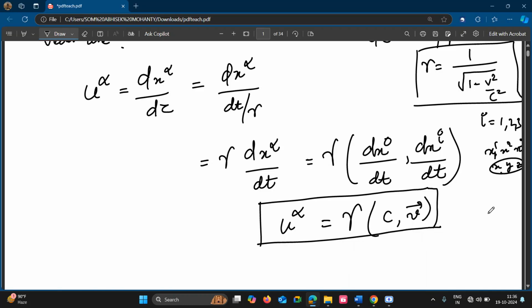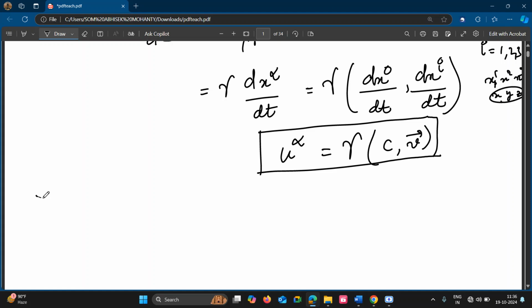Next, tau is actually the proper time in relativity, and it is invariant under Lorentz transformation.